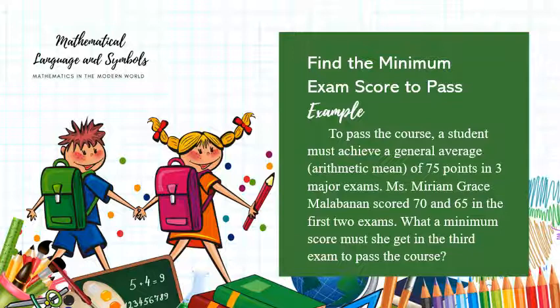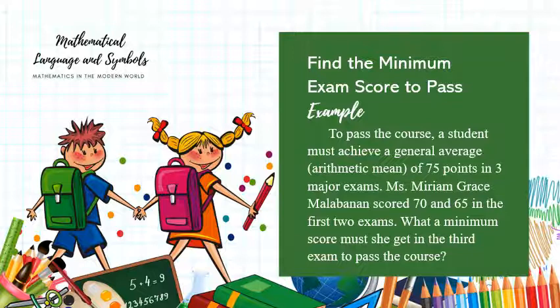So, while reading this, you should have something in mind, a prediction. What is the possible score? So, 75, and in these two previous exams Miss Miriam scored 70 and 65.